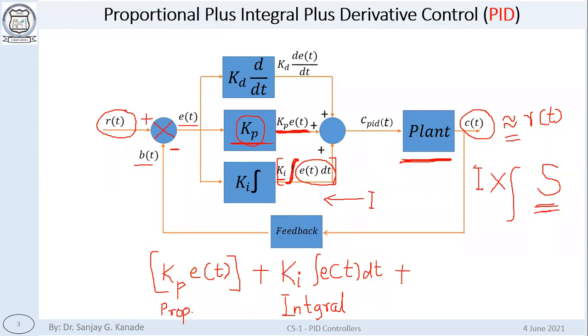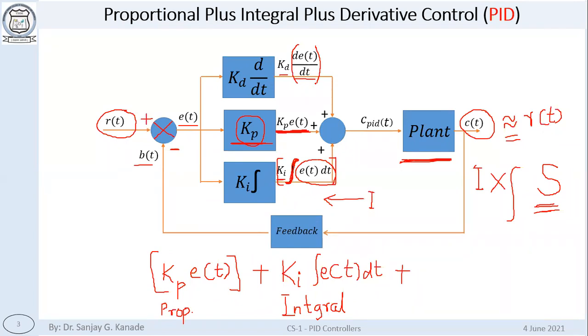And the last one is the derivative factor. Now you can clearly guess, the output of the derivative controller is proportional to the derivative of the error, meaning the rate of change of error.